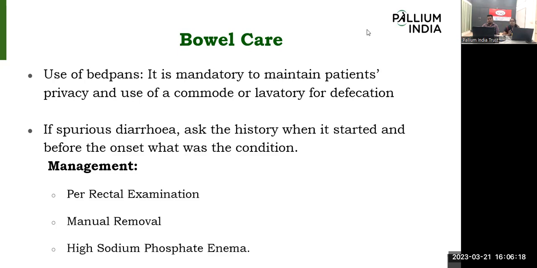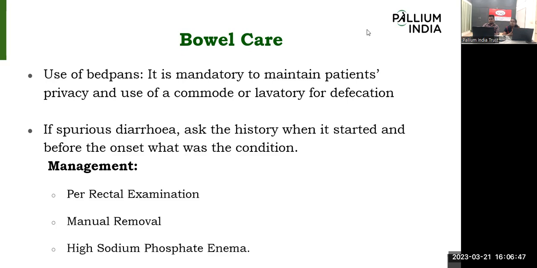As I mentioned earlier, spurious diarrhea. If the patient is having these kinds of complaints, you have to take a proper history of the bowel management, and make sure whether there is any fecal impaction or spurious diarrhea. Then you can do a per rectal examination and manual removal, and a sodium phosphate enema is the management for spurious diarrhea.